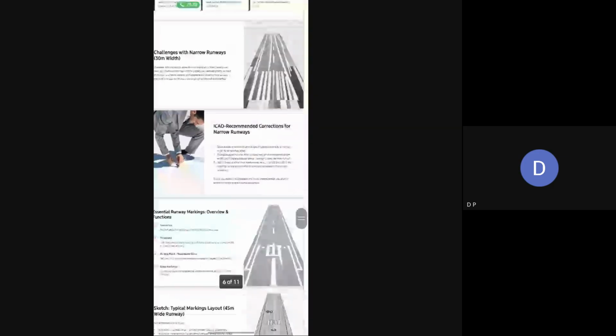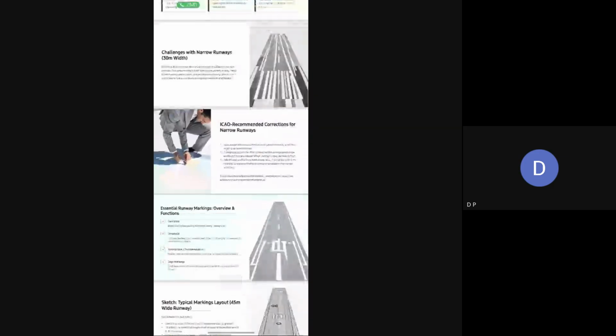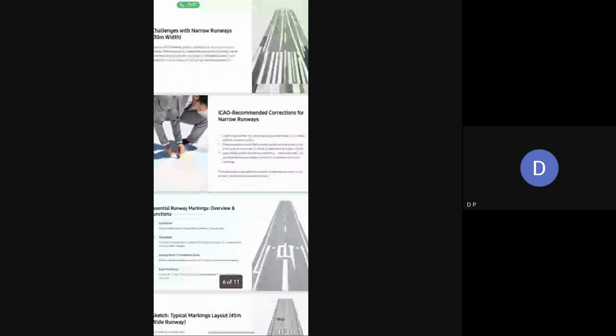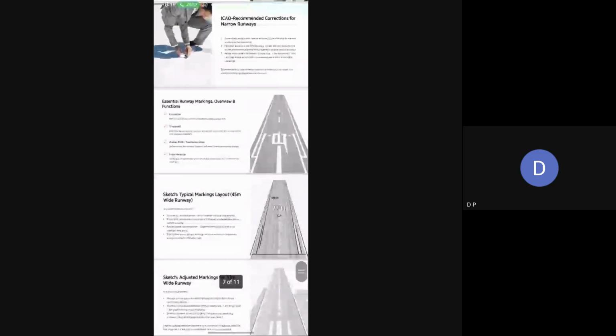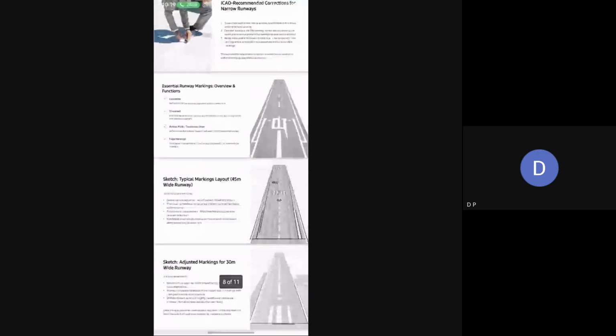ICAO recommendation: correction for narrow runway. Essential runway marking overview and functions: center line, threshold, aiming point, touchdown zone, edge marking. Thank you, sir.